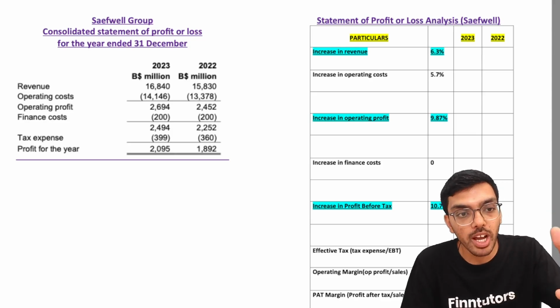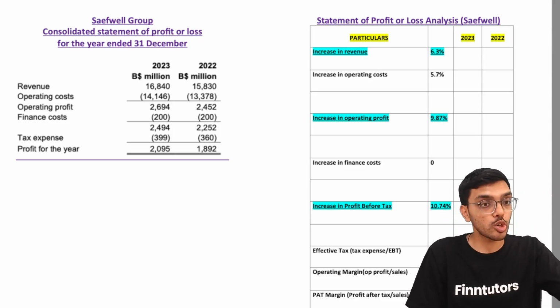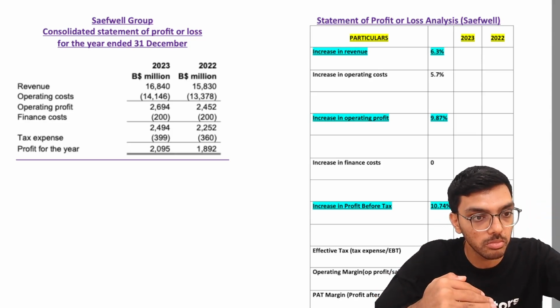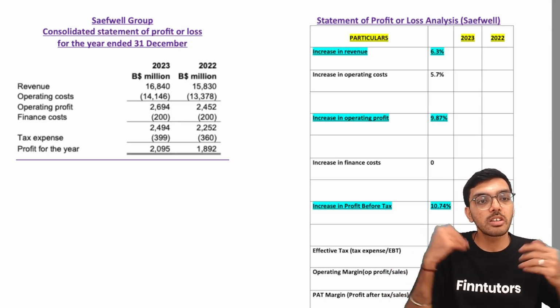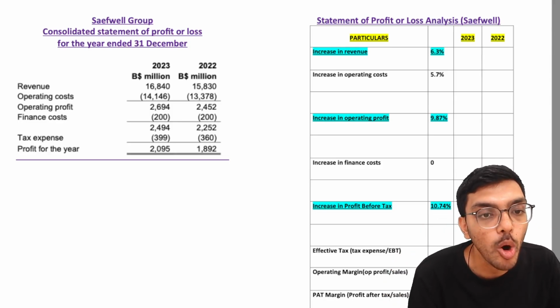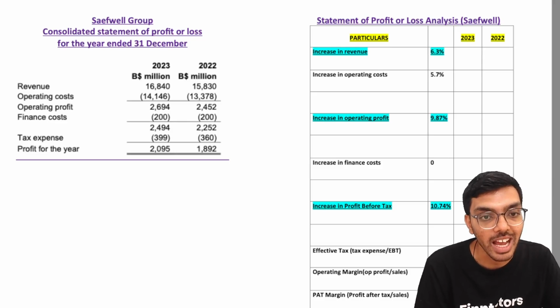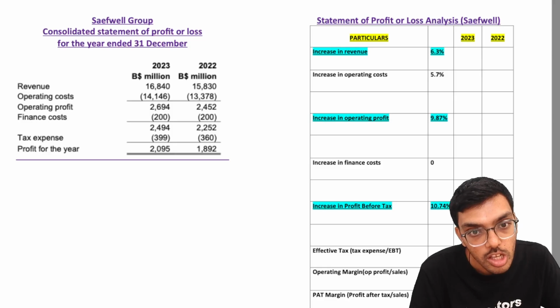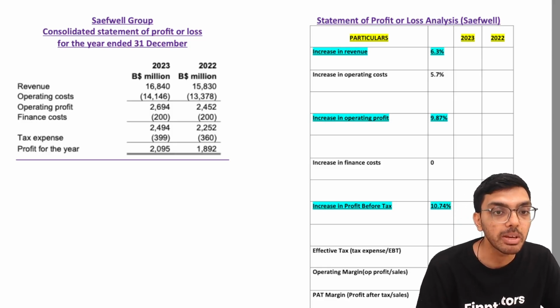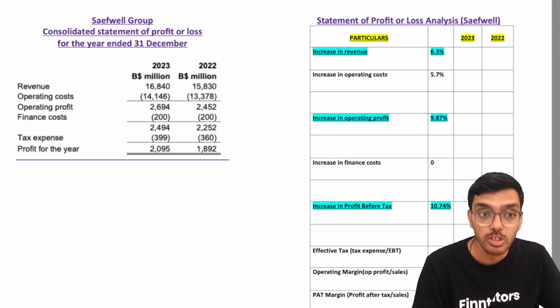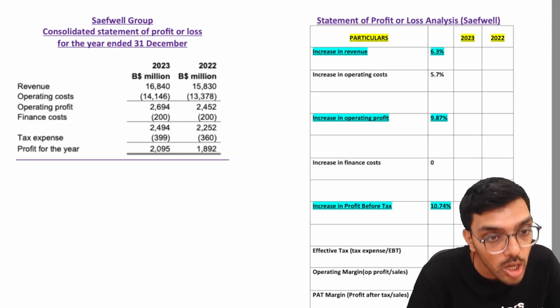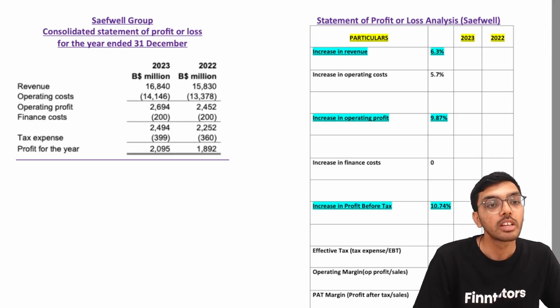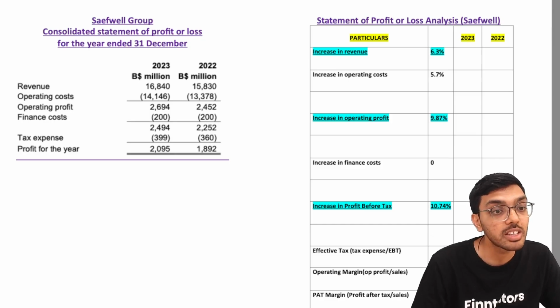Revenue is going up, the cost is also going up, but in less proportion, which is the reason why we made a healthy operating profit of 2,694, an increase from last year. Last year it was 2,452, and it became 2,694 because the revenue has gone up, but we have been able to control the costs. The finance costs have remained the same.